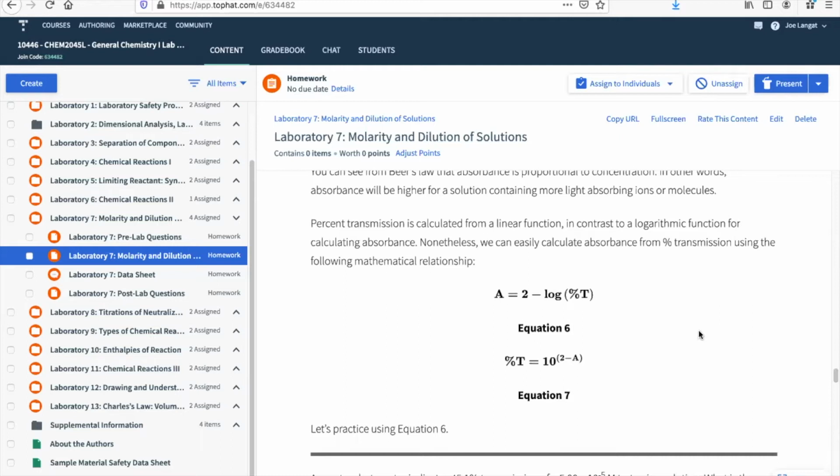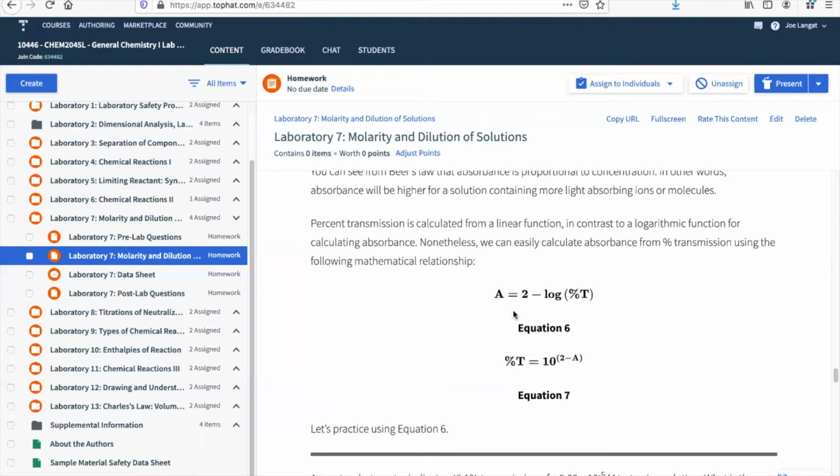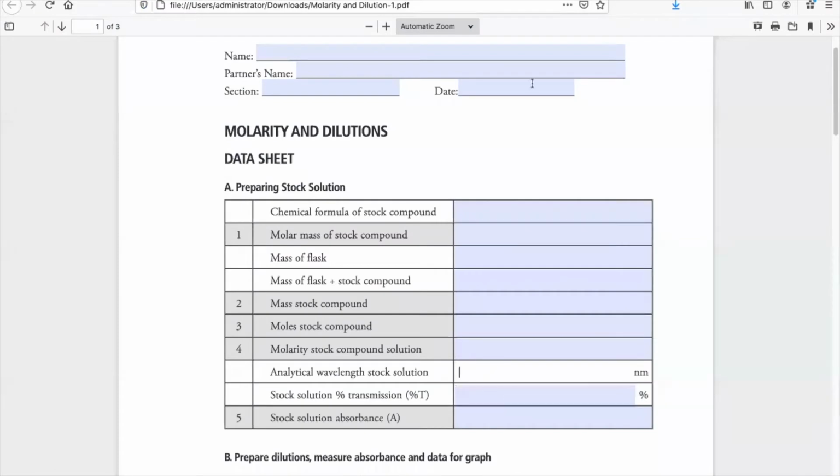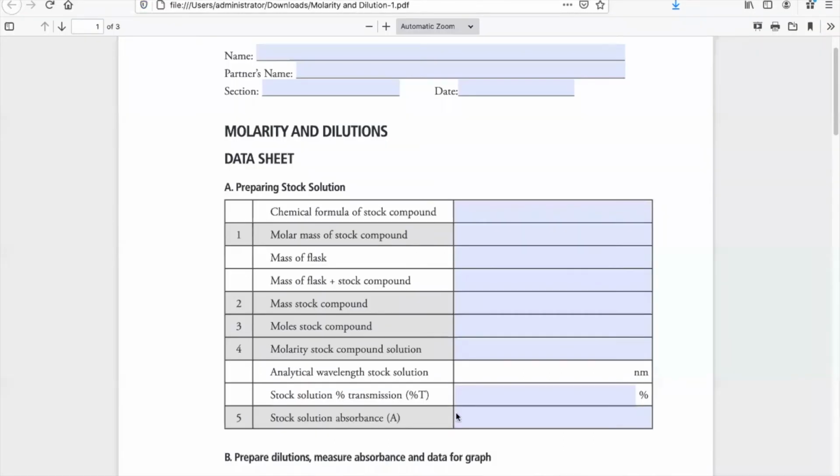So you will take 2 minus the log of percent transmittance, and please, when you fill in the data sheet, say line 5 for calculation, plug in this equation first, and then key in the percent transmittance from this line. This is the equation you will use to complete line 5.